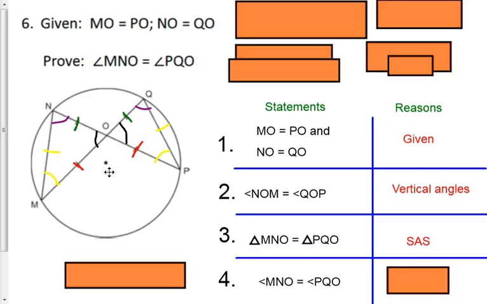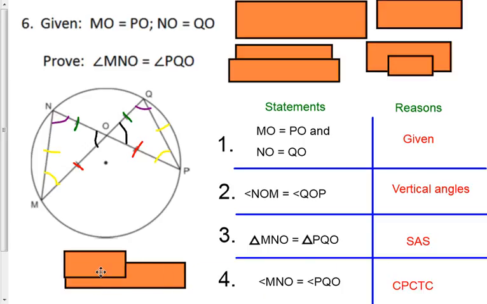Why can I say that? Why do I know for sure that those have to be just as big as each other? Well, because corresponding parts of congruent triangles are congruent. No matter what, once we've shown that they're the exact same triangle, all of those pieces are exactly the same. So make sure you just write CPCTC. Don't write out all the words. Corresponding parts of congruent triangles are congruent. And that will finish up our lesson.